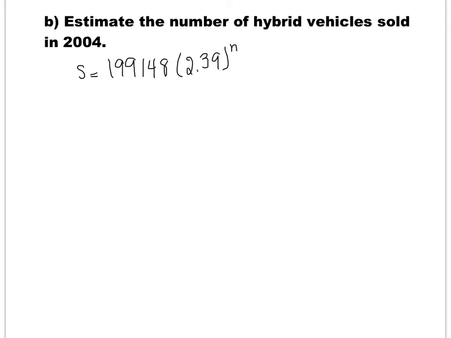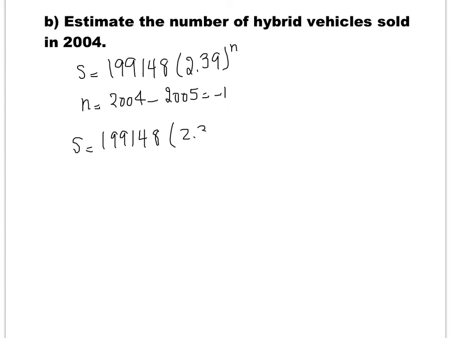Since this is 2004, n is 2004 minus 2005, which is going to be minus 1. So I substitute minus 1 in the equation, I get S is 199,148 times 2.39 exponent negative 1.